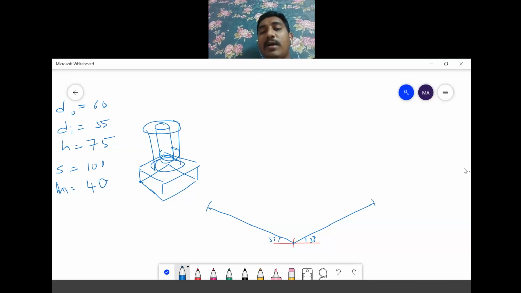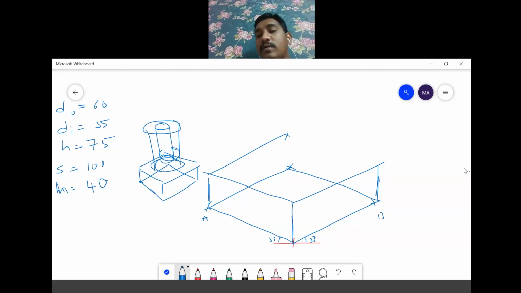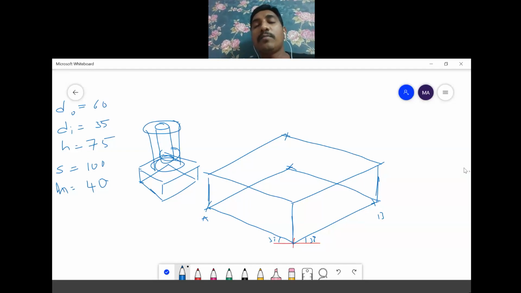Here I am cutting 100 mm from this side, A, B. From B I am drawing a 100 mm arc, from A I am cutting this 100 mm arc. It will form a square prism, and here he has given a height of 40 mm. I am taking 40 here, 40, 40. Again it is 100, so I am cutting here, it will form a square prism.